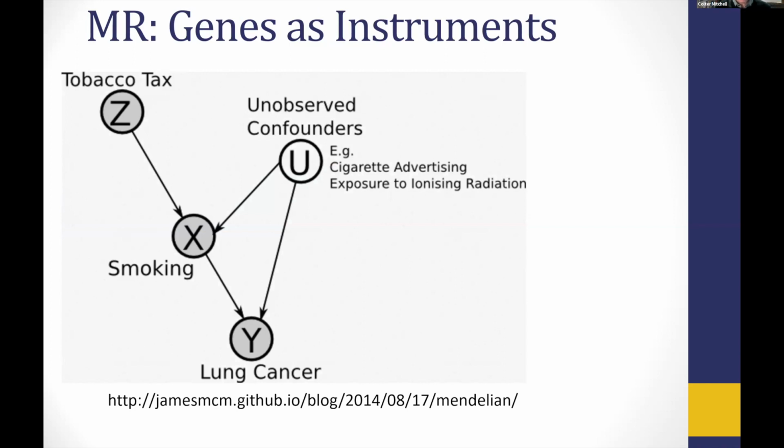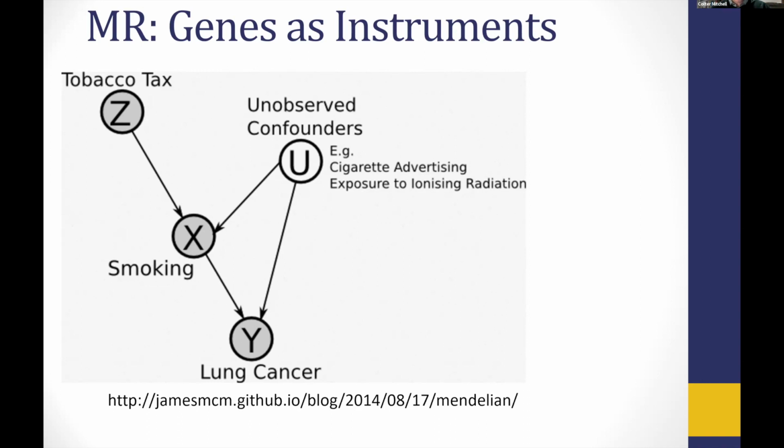So you might have something that you are trying to derive, like a causal effect between smoking, in this case your X, and lung cancer. You're trying to prove that, but you can't because you're worried about unobserved confounders. So you might try to find a Z that affects your Y only through an X, right?